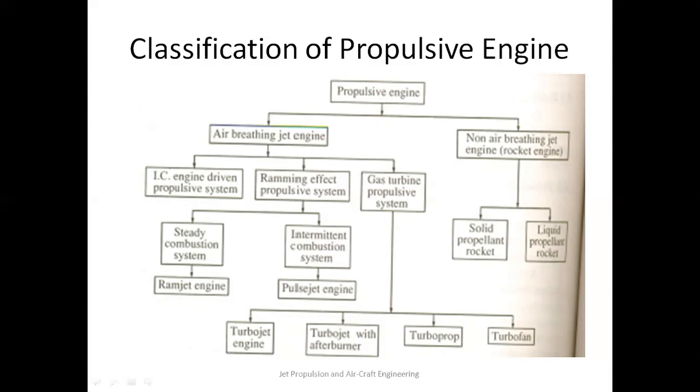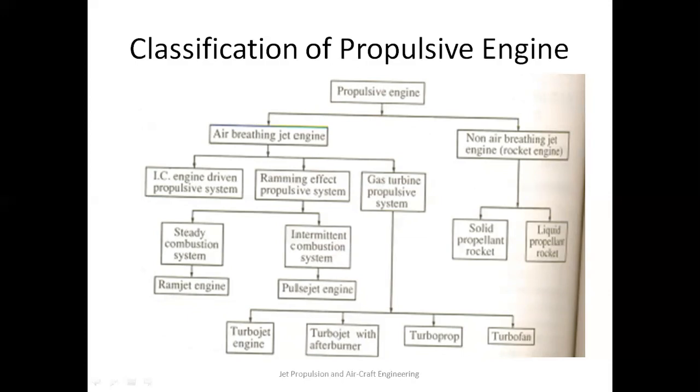On the other hand, the gas turbine propulsive system can be further classified as the turbojet engine with afterburner, the turboprop engine, and the turbofan engine, which is mostly used for commercial aircraft, military aircraft, and even for cargo planes.